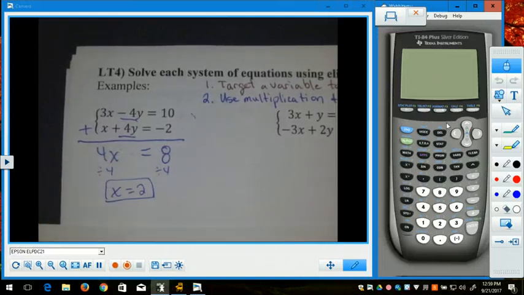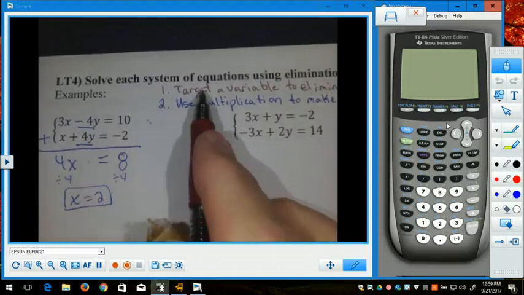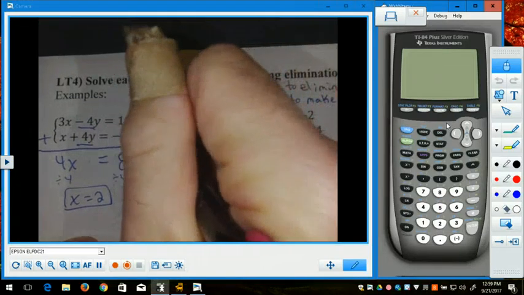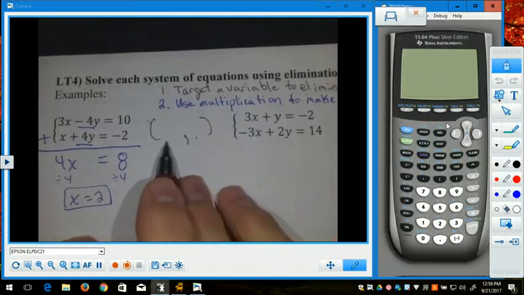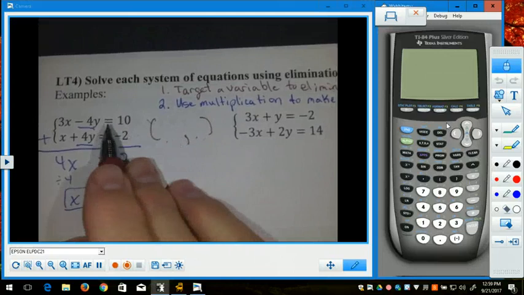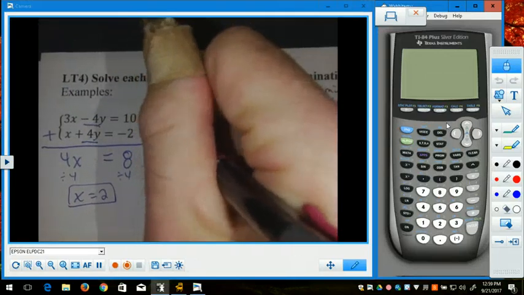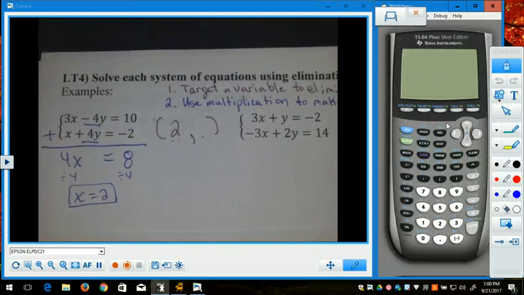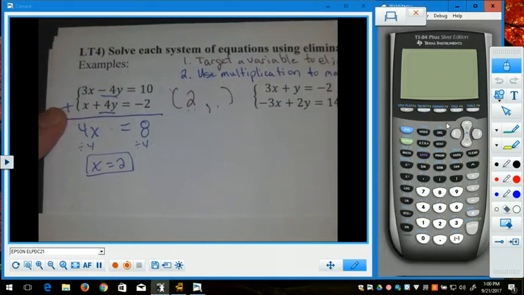But that's not my complete solution because we know that a solution to a system of equations is an ordered pair x comma y, a point, an x value and a y value that make both equations true. So even though I know that my answer is 2 for x, I need to find out what value of y works. And I need to check my answer as well.